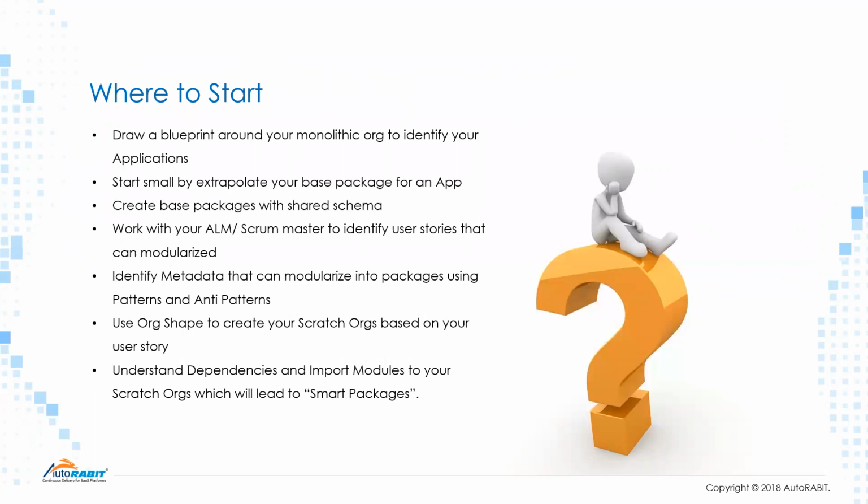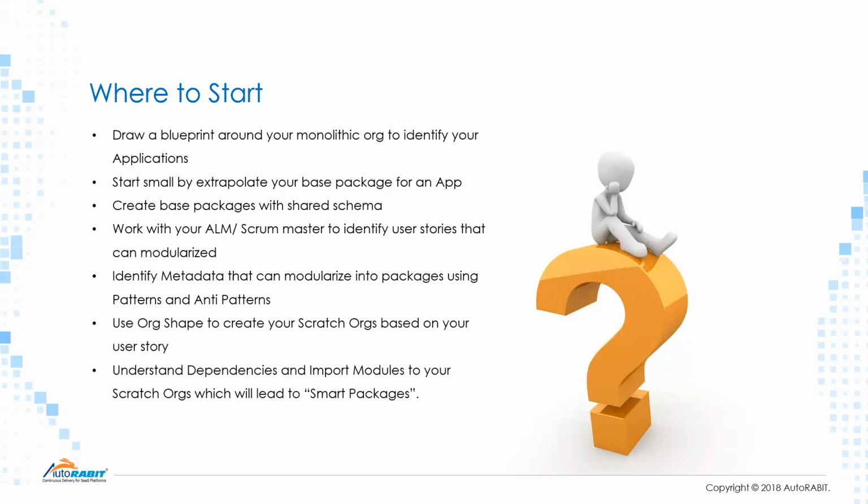Now, what you would have to do is definitely your ALM or Jira solution or Version One, something like that is your best friend here. Also your Scrum Master, to really identify what user stories are available. And out of that, what can be modularized based off of the different practices that we outlined. Is it a customization on top of Sales Cloud? Is it a whole separate application?